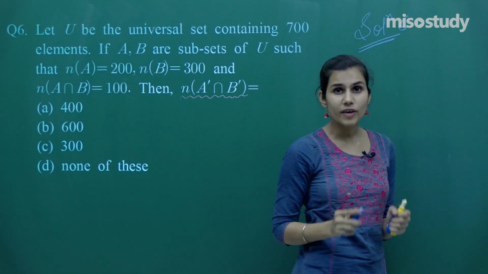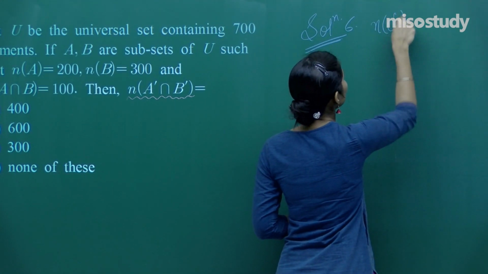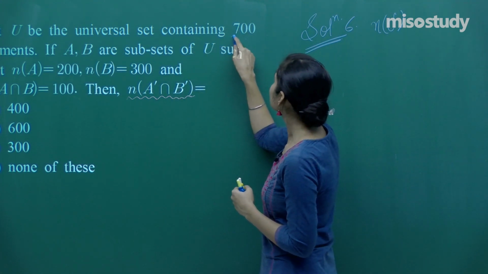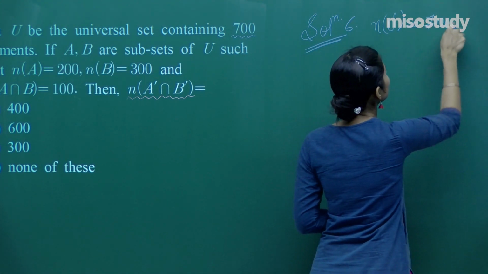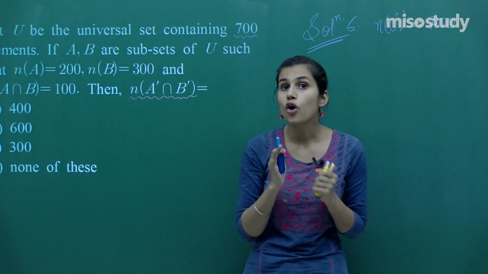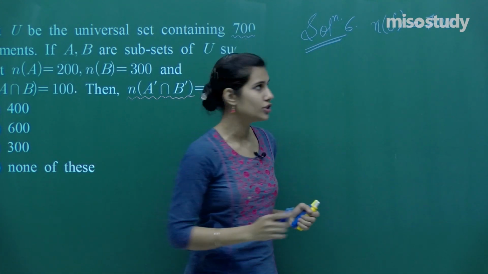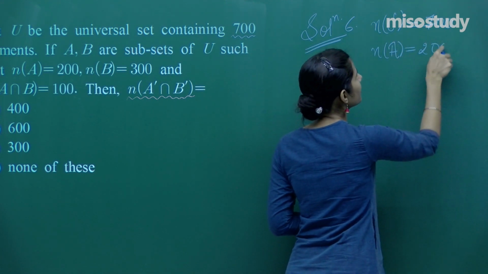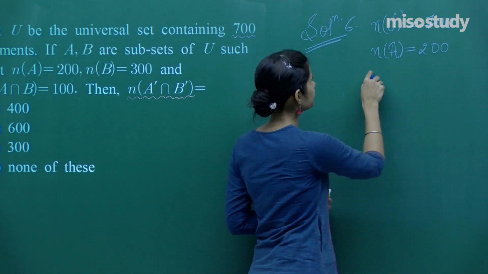I am given the number of elements sitting inside the universal set, and therefore if I denote my universal set to be U, number of members sitting inside U is 700. So n(U) comes out to be equal to 700. Now I am given that A and B are proper subsets of the universal set and number of members in A is 200. Let's just copy that down. And number of members in the set B is 300.